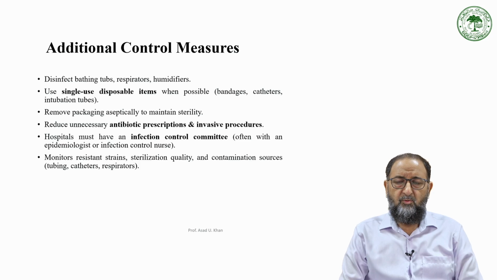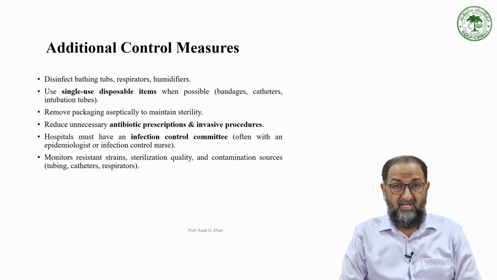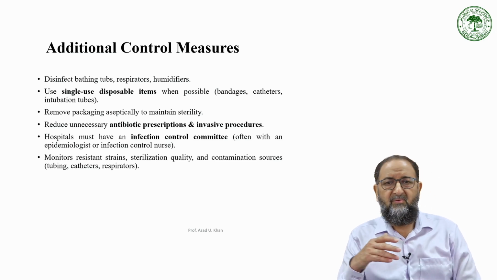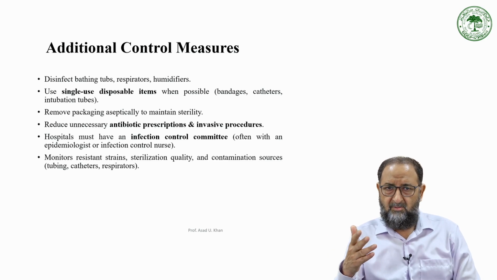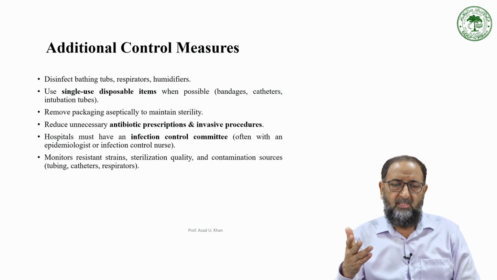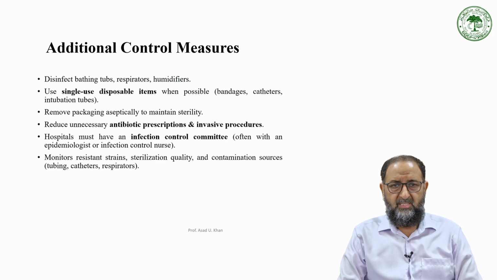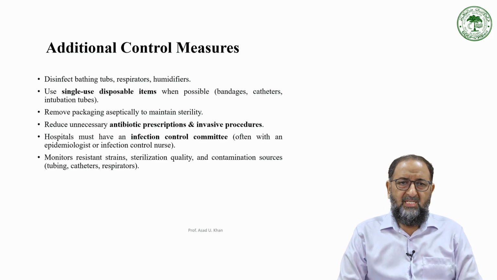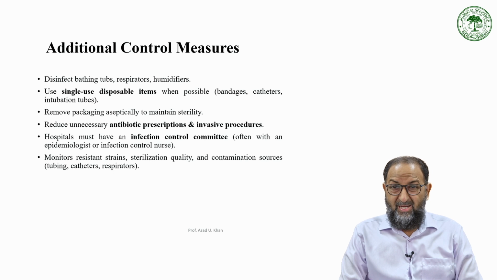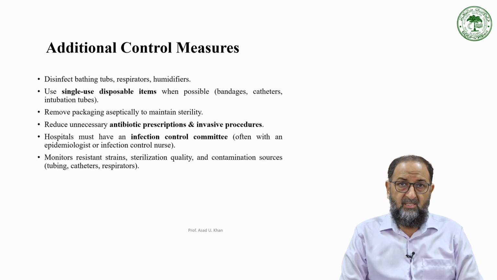Now, additional control measures: disinfect bathing tubs, and respirators and humidifiers should be very clean. Whenever they are used from one patient to other patients, they should be cleaned, sanitized, and properly disinfected. Use single-use disposable items, for example syringes, bandages, catheters, intubation tubes, IV sets.